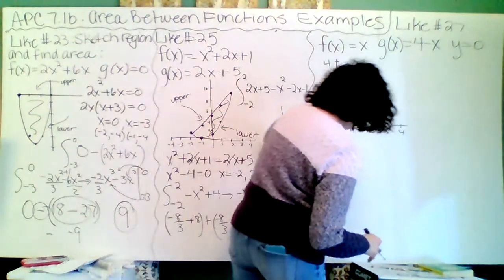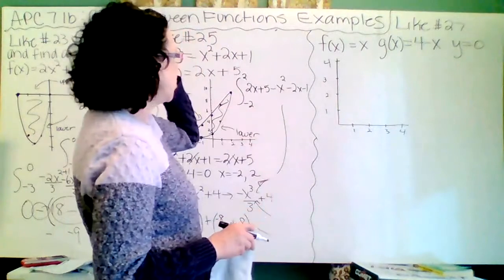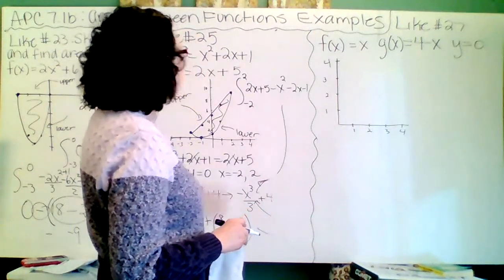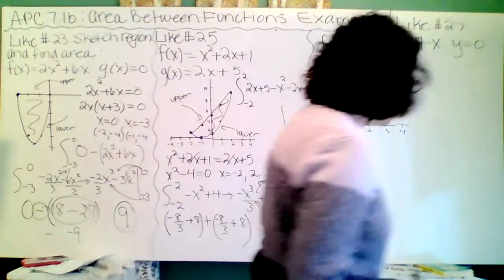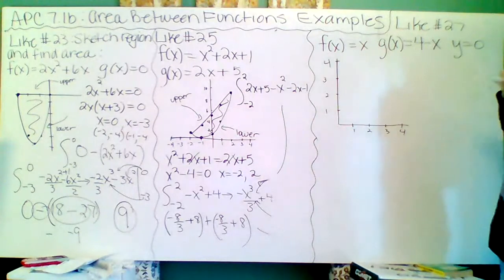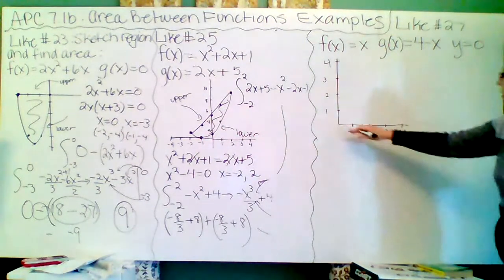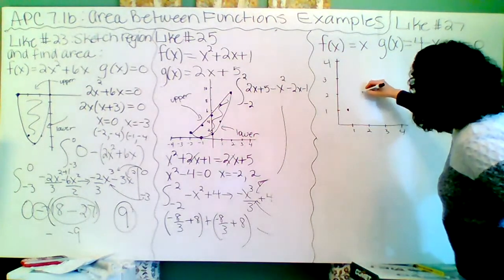And let's look at what's going on when it says like number 27. So same question, they said sketch the region and find the area. And it's between the y equals x line, 4 minus x line, and y equals 0, right? That's the x-axis. So let's graph the y equals x line, right?